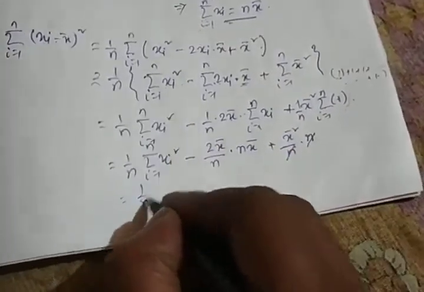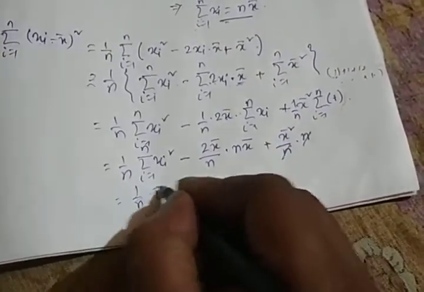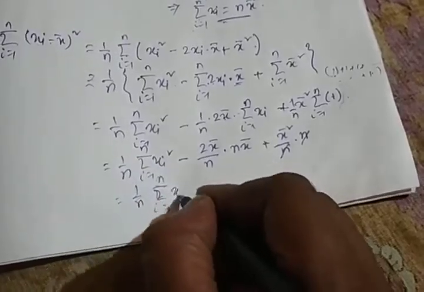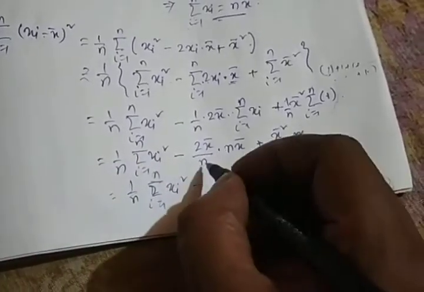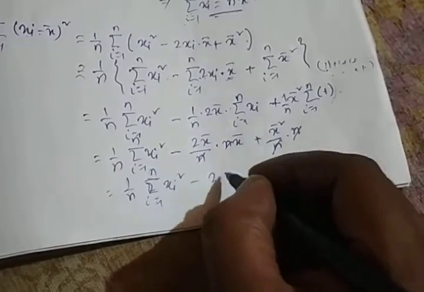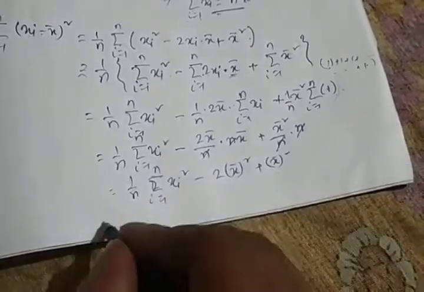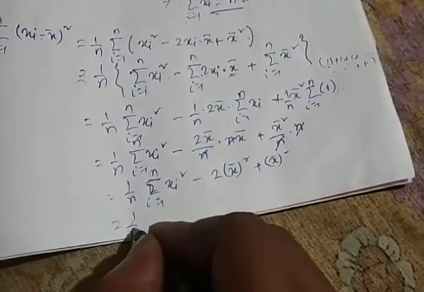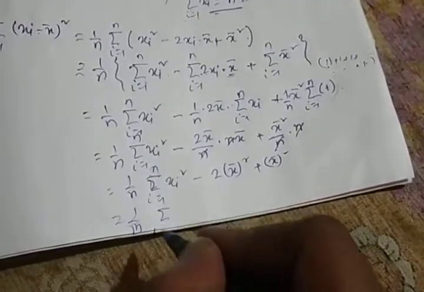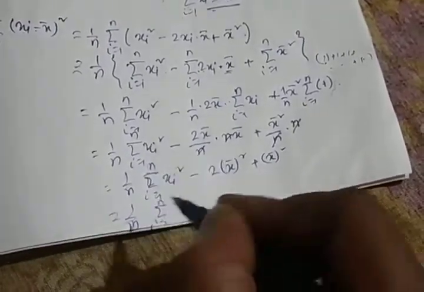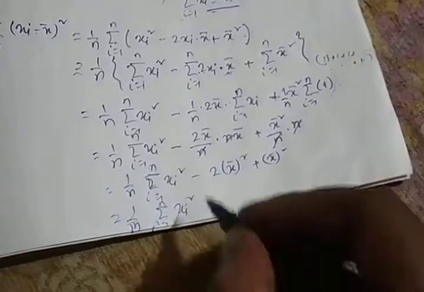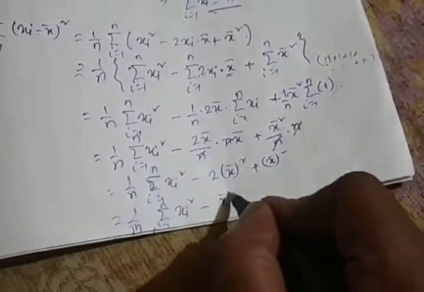So we will get 1 by n summation i equals to 1 to n xi square minus, n cancelled out, so 2 x bar square plus x bar square. So which is 1 by n summation i equals to 1 to n xi square minus x bar square.